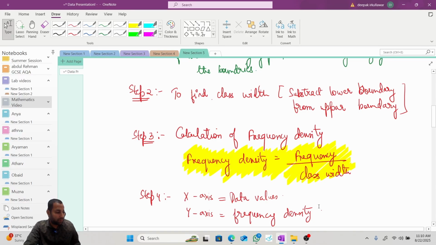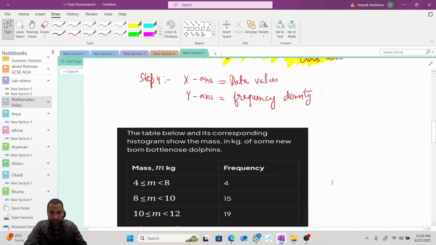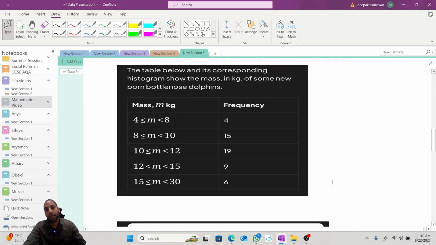Okay. So, let us see how we can solve a question. I have already taken a question. Suppose the table below and its corresponding histogram show the mass in kg of some of the newborn dolphins. Here, in the first table, as you go down, what does this data represent?